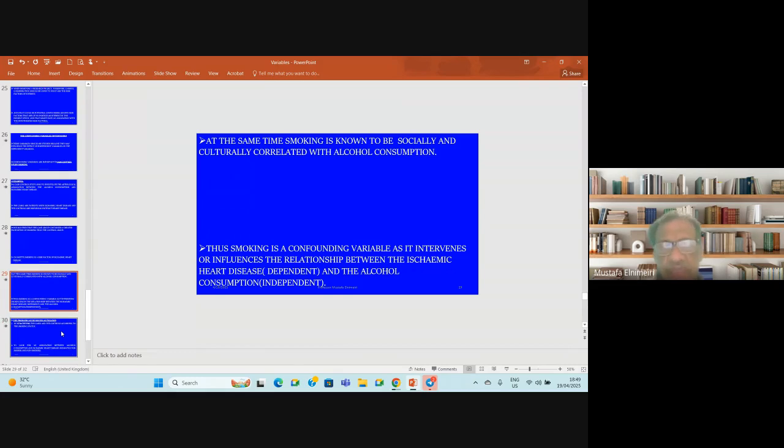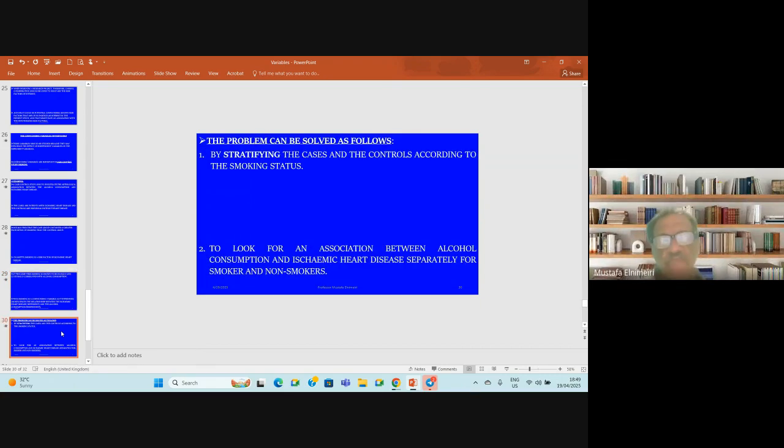At the same time, smoking is known to be socially and culturally correlated with alcohol consumption. Thus, smoking is a confounding variable as it intervenes or influences the relationship between ischemic heart disease, which is a dependent variable, and alcohol consumption, which is an independent variable.